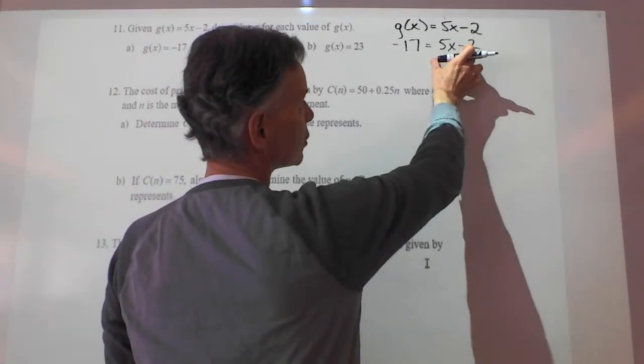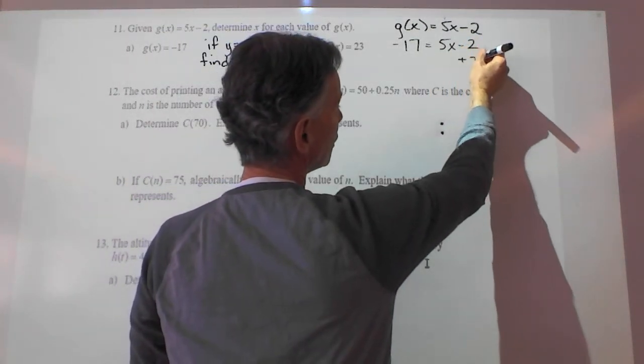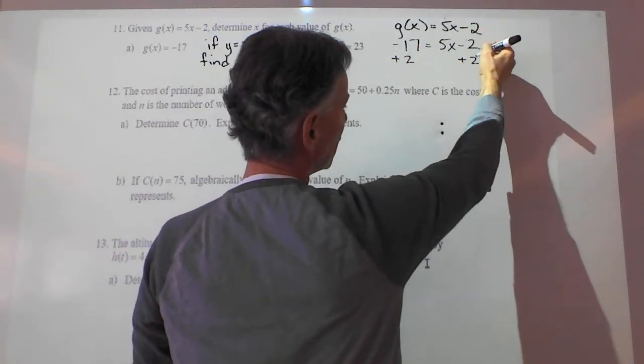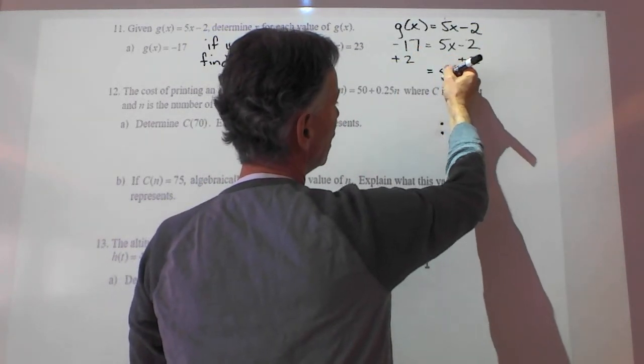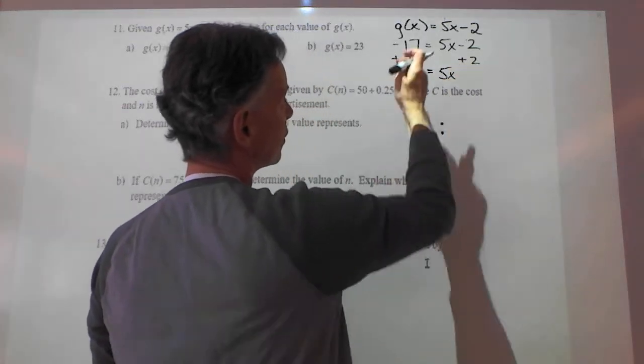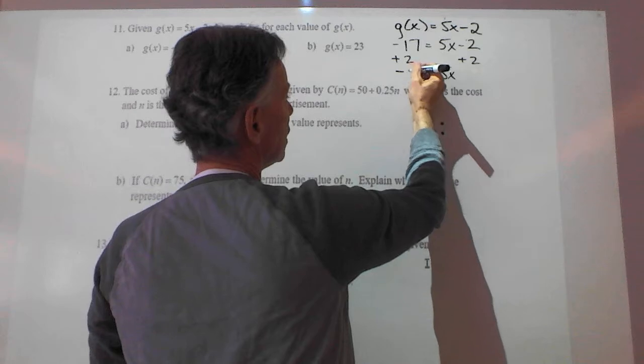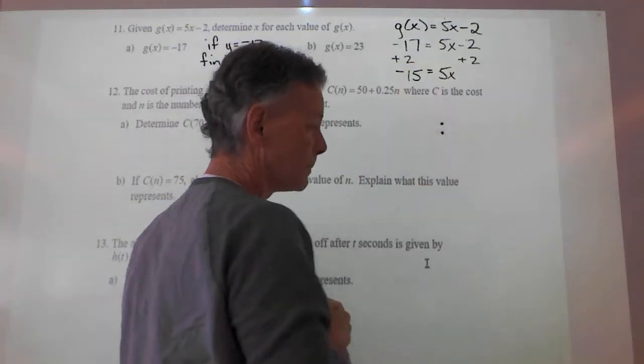And order of operations says the first thing we're going to do is adding and subtracting stuff. So minus 2 plus 2 equals 0. You're left with 5x. On this side, negative 17 plus 2 is negative 15.